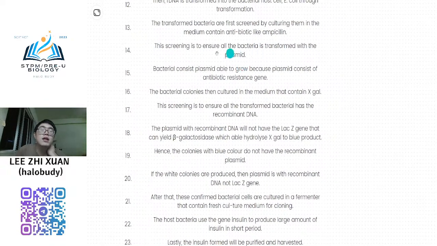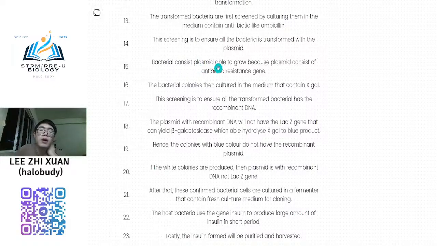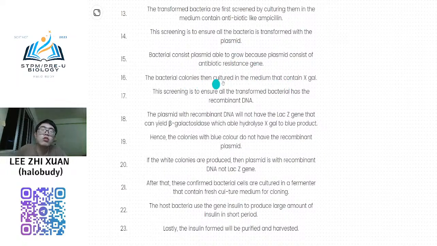So normally only the colonies that you see, meaning that the bacterial cells contain the plasmid. If not, the bacteria will die. After that, you will culture it on agar, and then you will produce blue and white colonies, right? The white colony is what we need because our plasmid contains the lacZ gene.